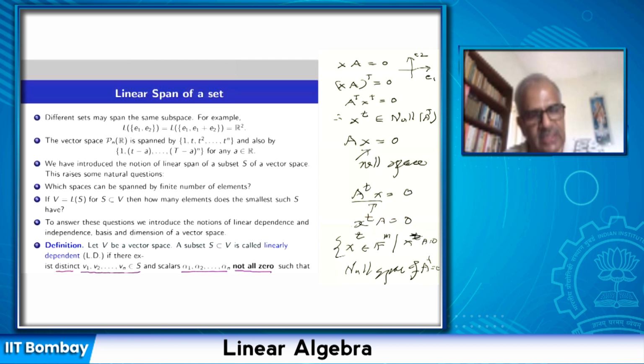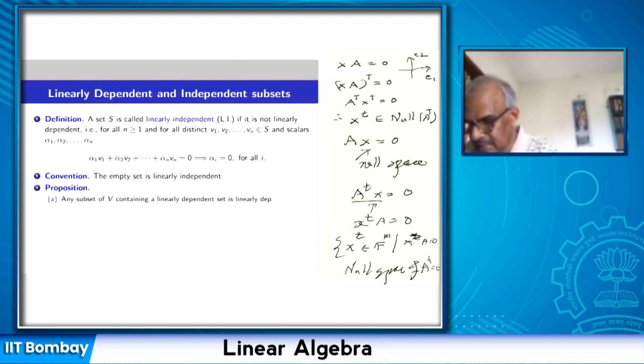You can use the axioms of a vector space; these are axioms of an arbitrary vector space. Now look at this: any subset of V containing a linearly dependent set is linearly dependent. So if I enlarge a linearly dependent set, it remains linearly dependent.